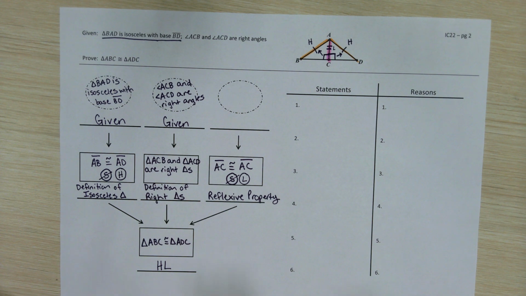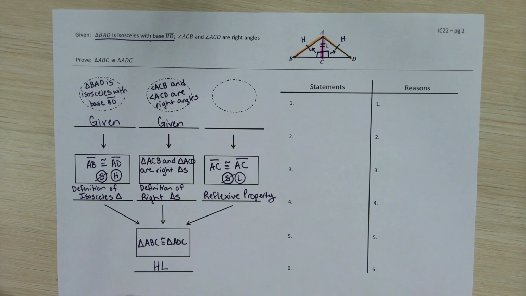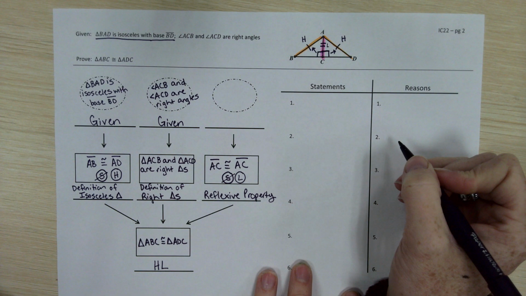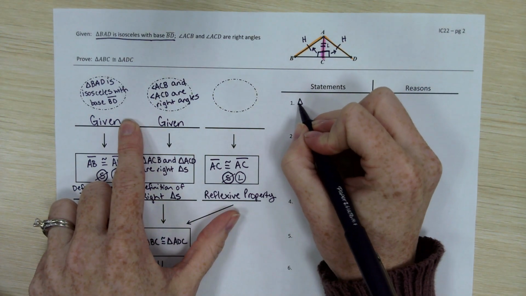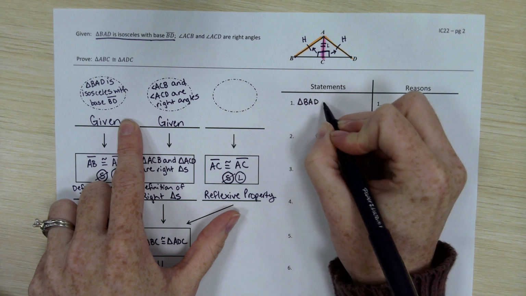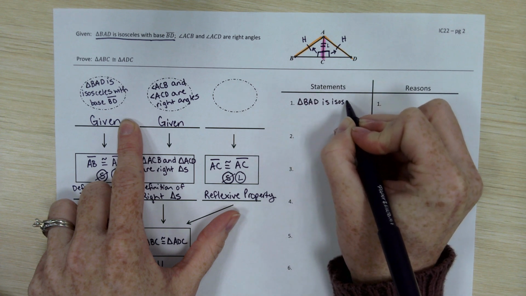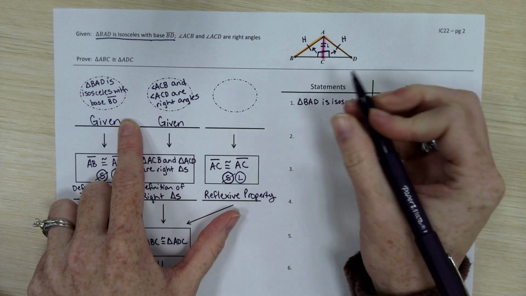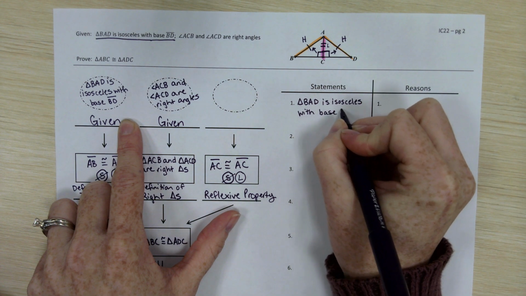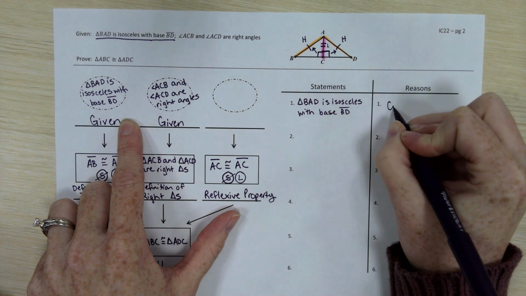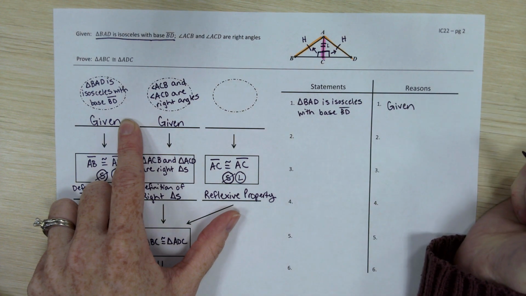Okay, so now that we've got it all outlined and ready to go, all we need to do is turn it into the two-column format. So just like before, we started with this isosceles triangle given. So we're going to copy that exactly as is, and we will mark that that is a given piece of information.